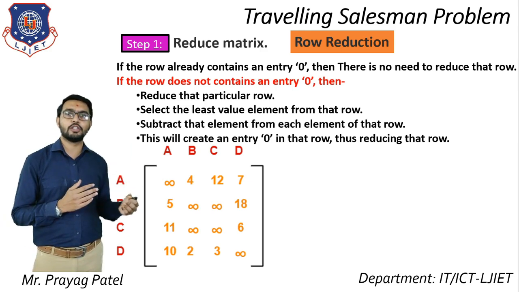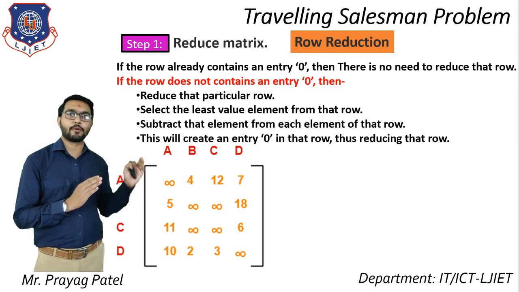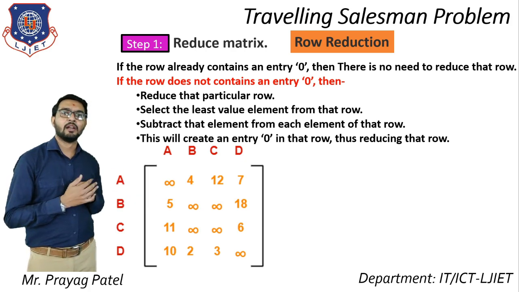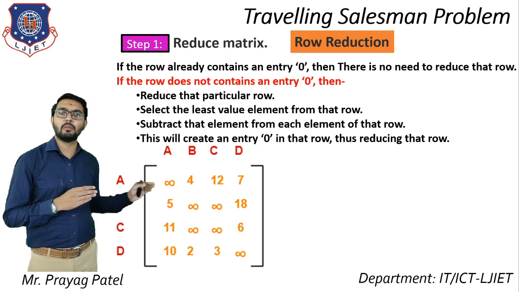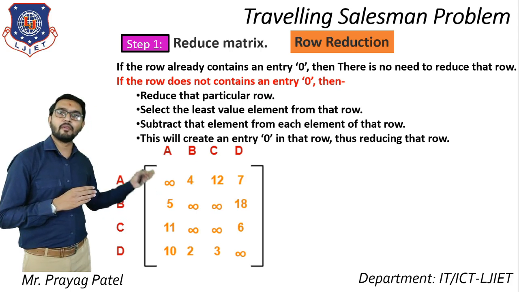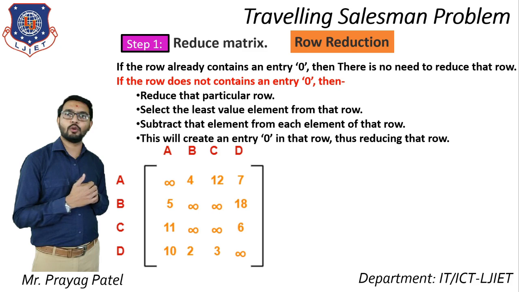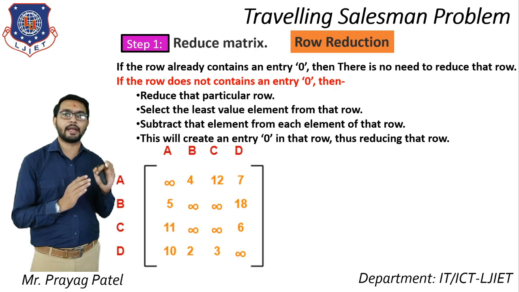Now how can we reduce this row? Select the least value element from that row. For example, in the first row, row A, consider the least value, meaning the minimum value from row A, and the minimum value in row A is 4. So consider 4 as your least value. Now subtract that element from each element of that row.